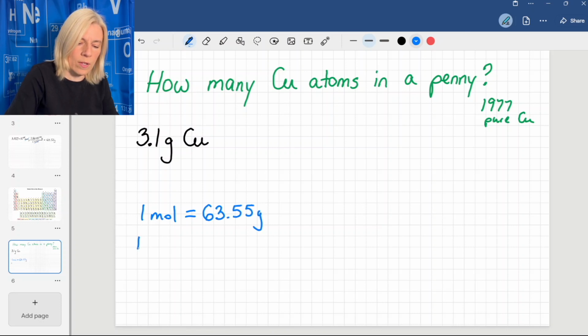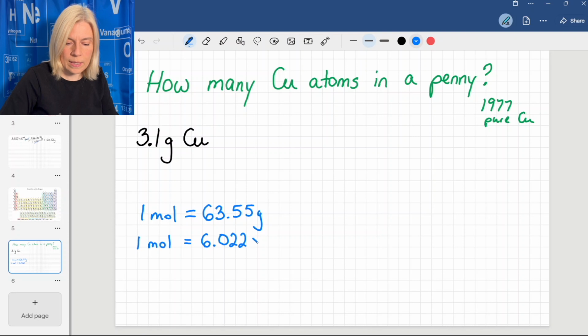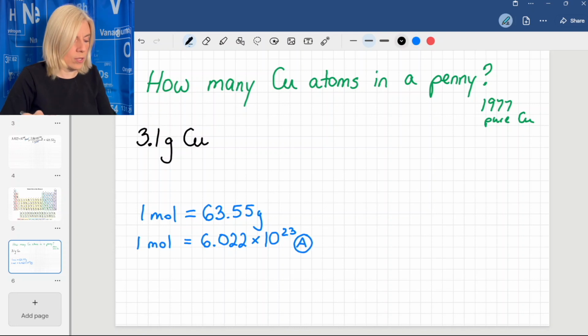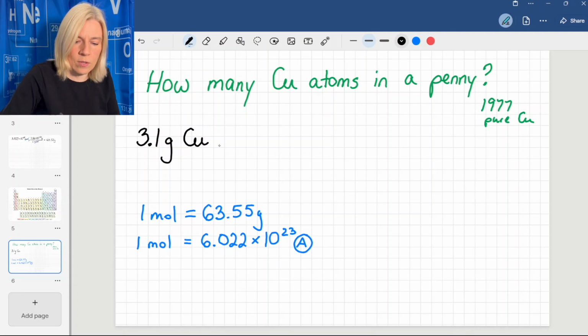I also know that 1 mole is 6.022 times 10 to the 23 atoms. Okay, so let's use these conversion factors. So 3.1 grams, let's use the conversion factor that uses grams.